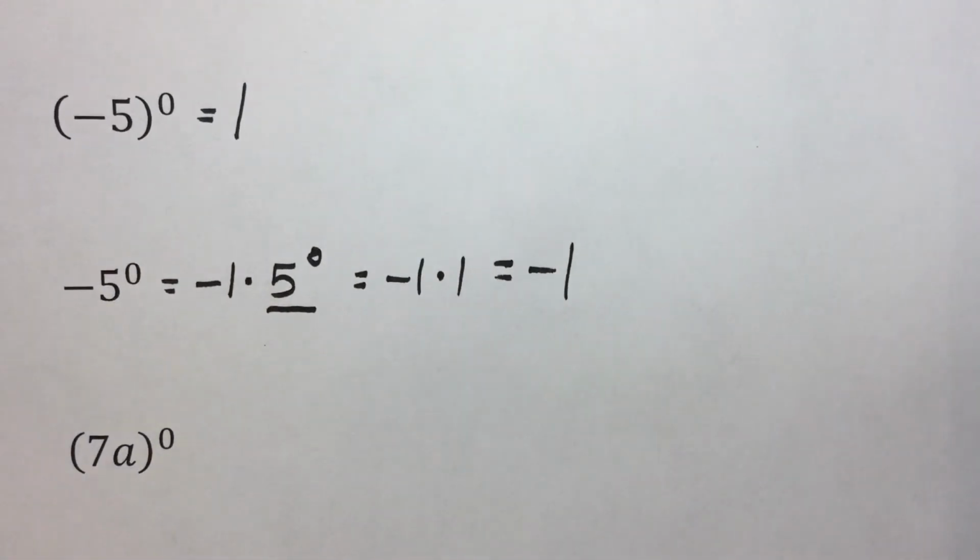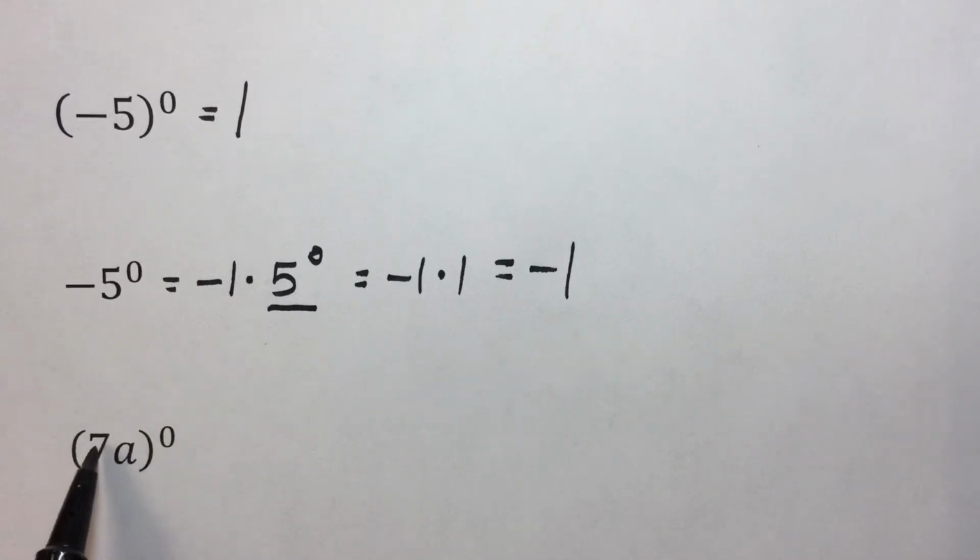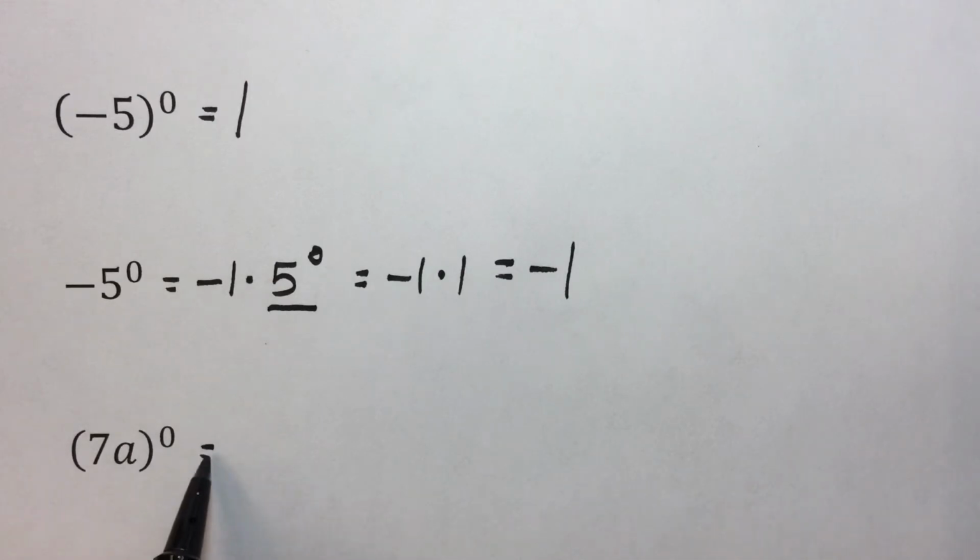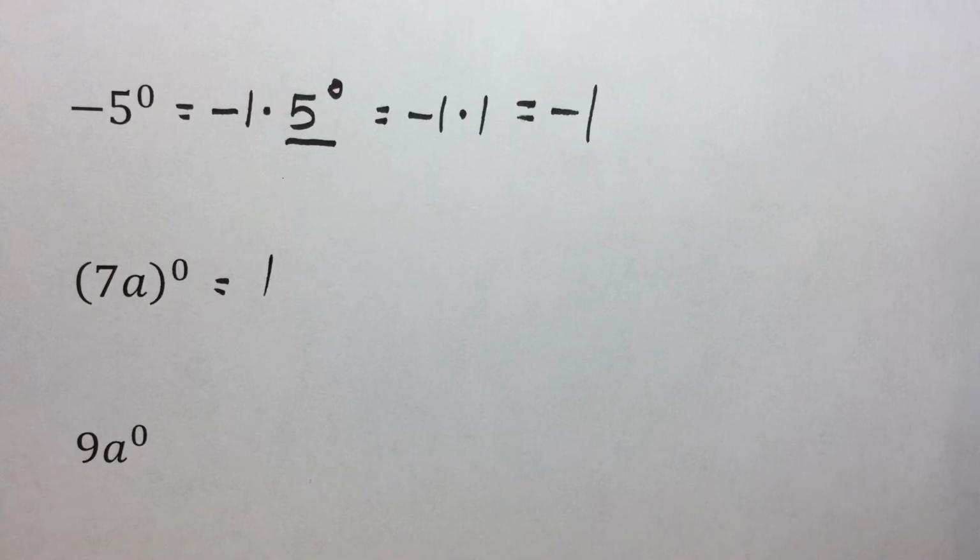In this next problem, we have again a quantity, the entire thing raised to the 0 power, which is equal to 1. And here, without parentheses, we have to think order of operations and what is being raised to the power here, or exponent.